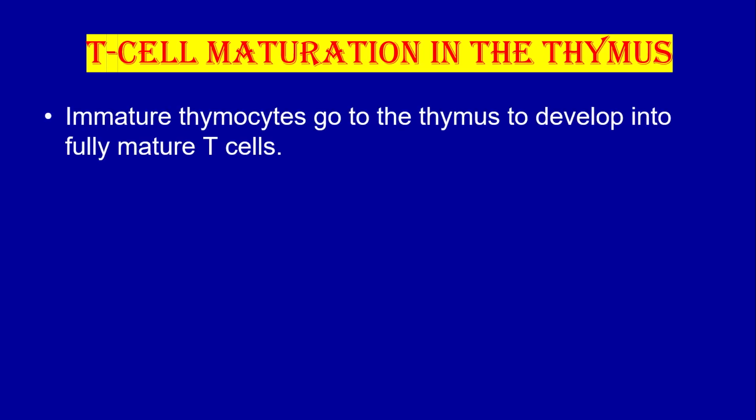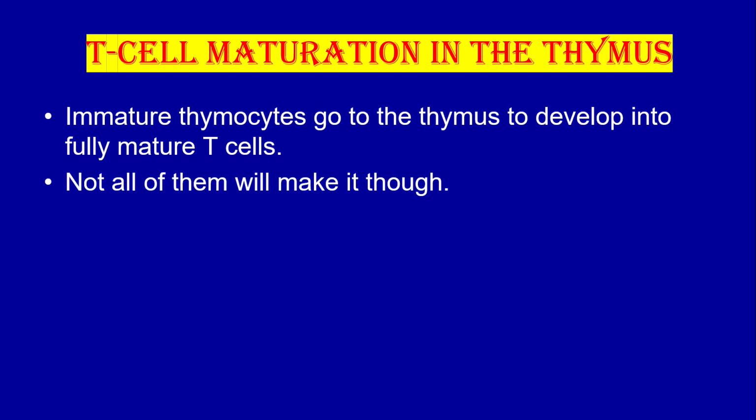T cell maturation in the thymus. Immature thymocytes go to the thymus to develop into fully mature T cells. Not all the thymocytes which migrate from the bone marrow to the thymus become mature, because some of them die.